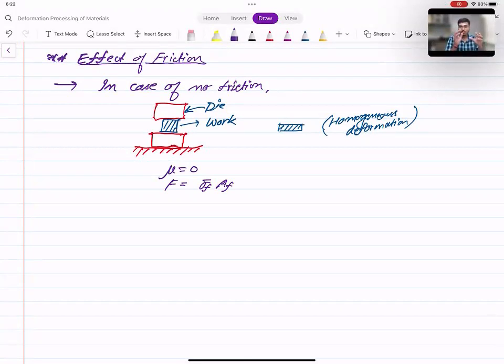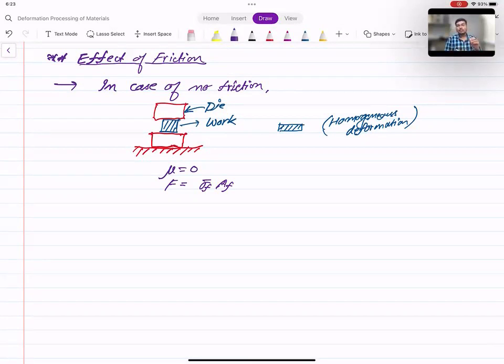Let us consider a cylindrical workpiece. The central portion will easily flow out, whereas the upper and lower portions in contact with the dies will be restricted and will not flow that much. So a barrel type shape will be formed. This effect is known as barreling.